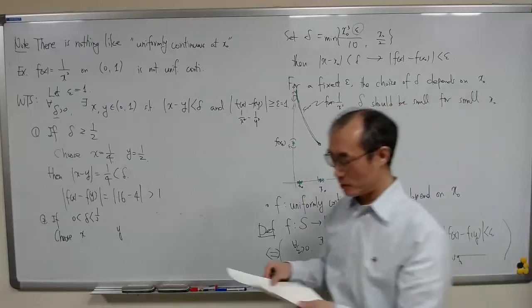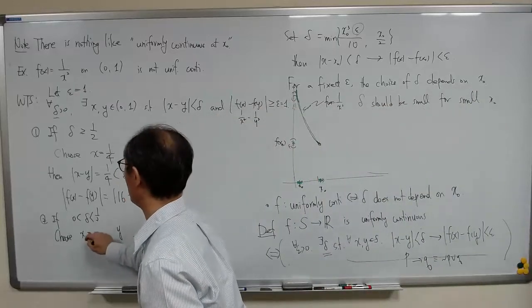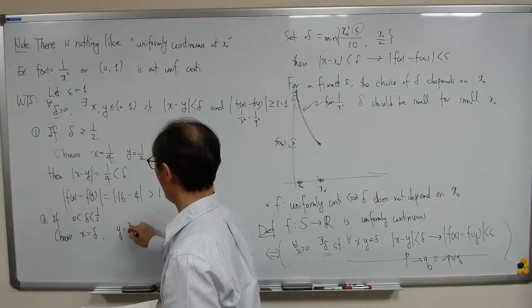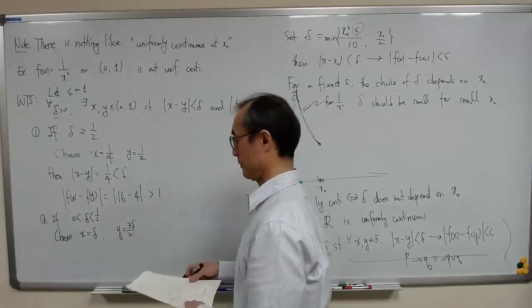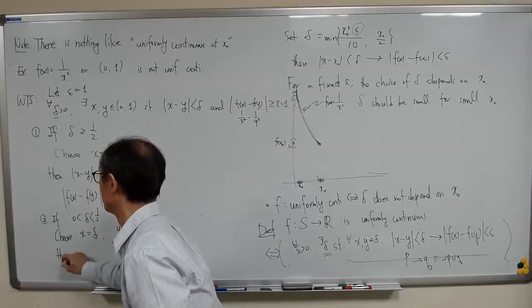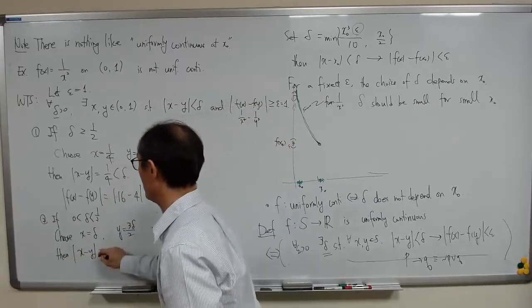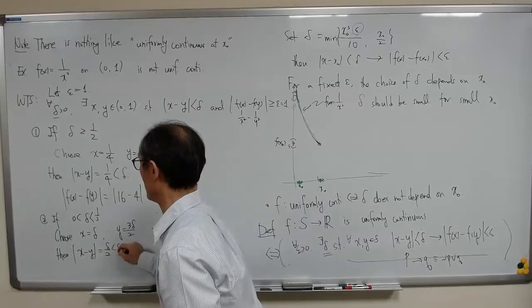So we choose x as delta itself and y as 3 delta over 2. The difference is half of delta, which is smaller than delta.